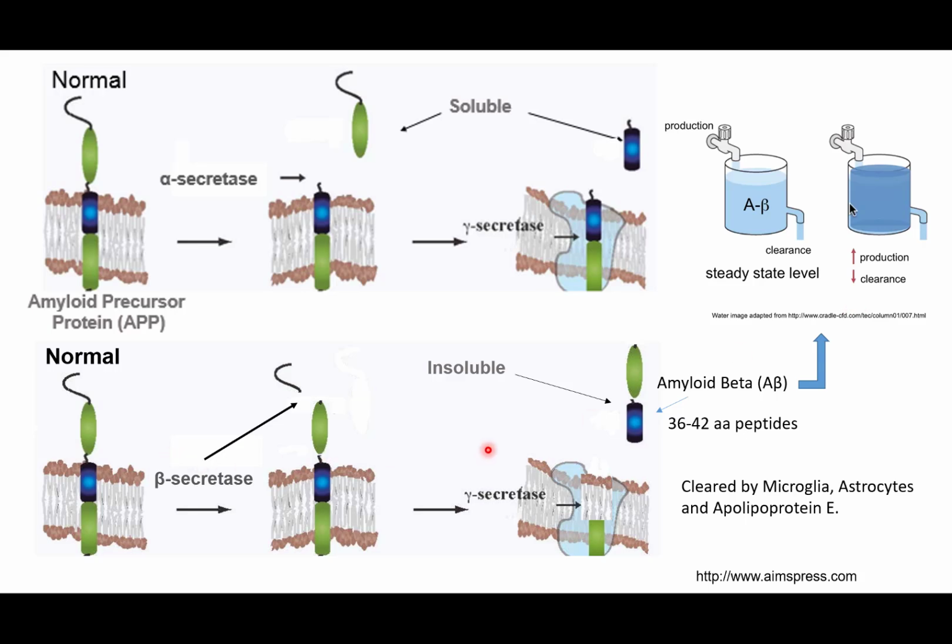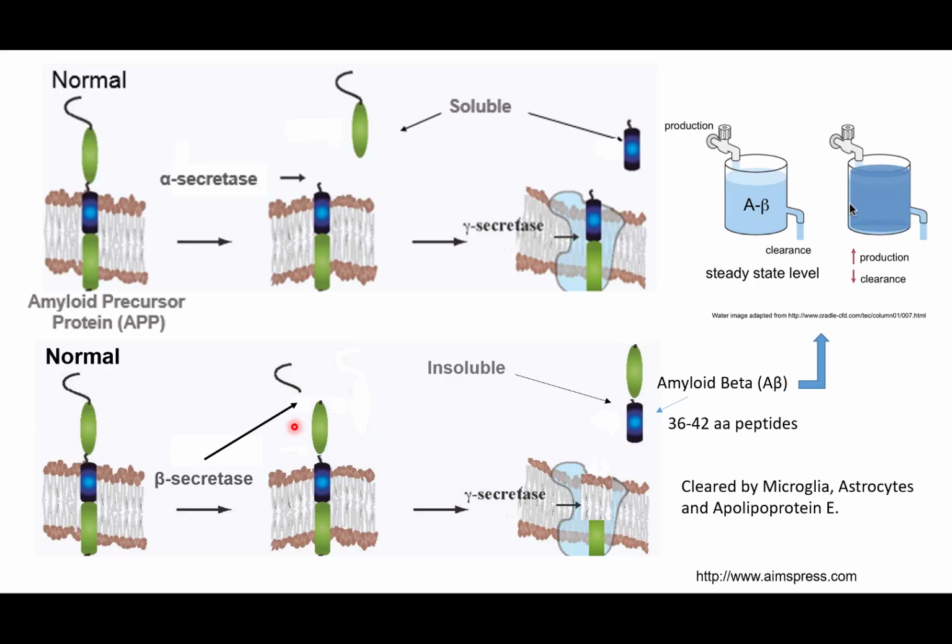Why do you get an increase in production? Because individuals with Alzheimer's disease have an increase in beta secretase. They have higher expression of beta secretase, which means that you now have much more of this one going on than you do this one. The reason for that is because of another problem.